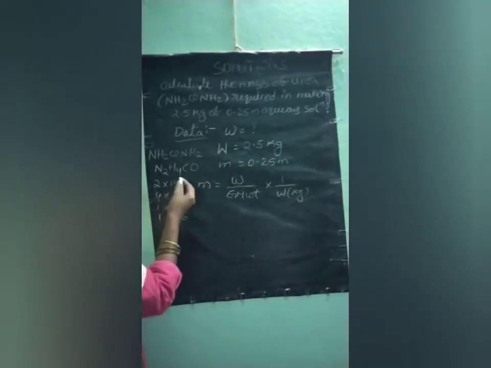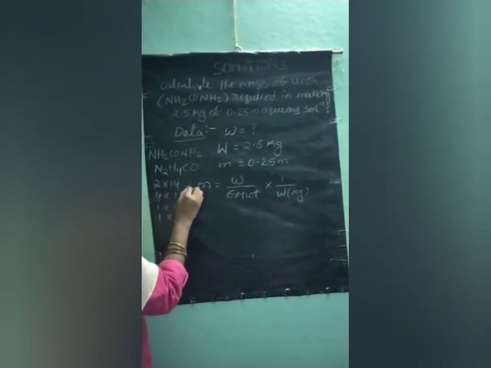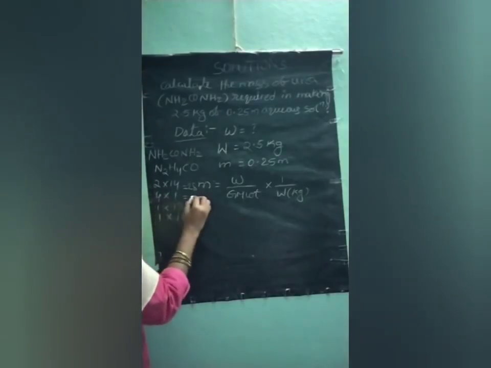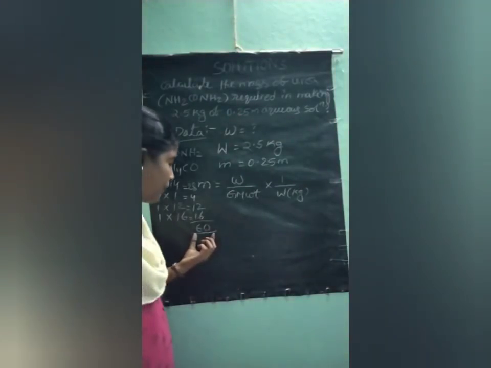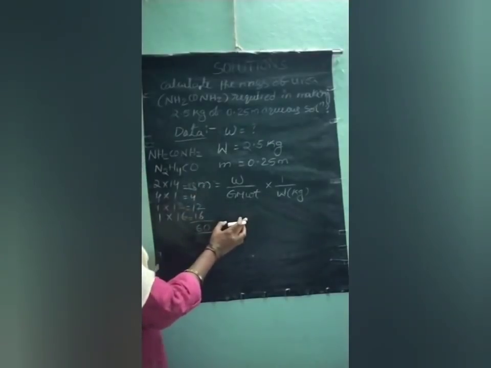Total we get the gram molecular weight of urea: 2 into 14 is 28, 4, 12, 16. Total we get 60. So the gram molecular weight of urea is 60. So all the values we know, substitute all the values.